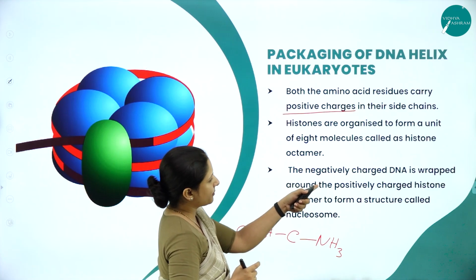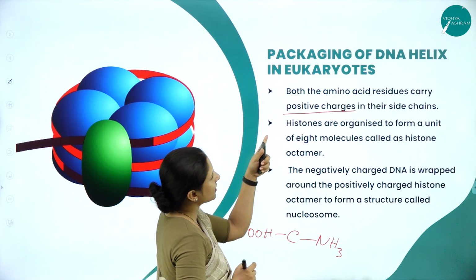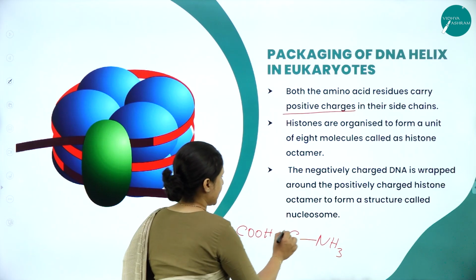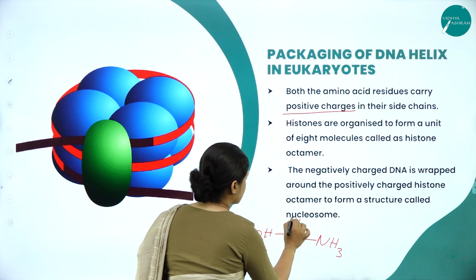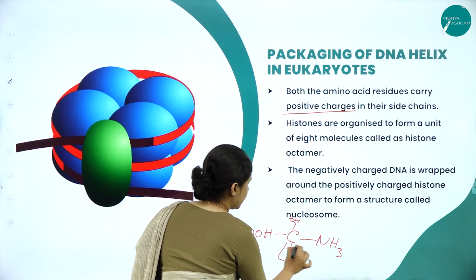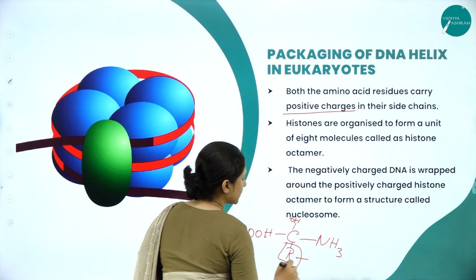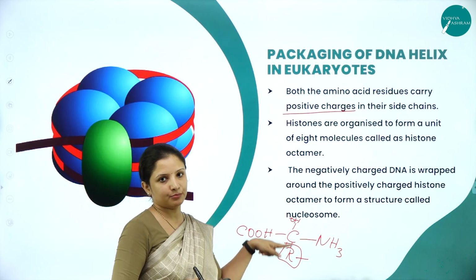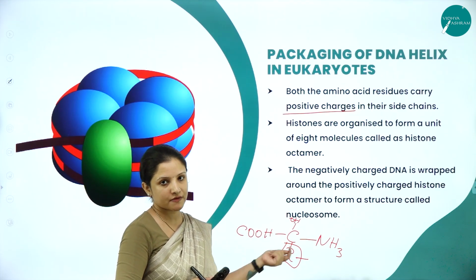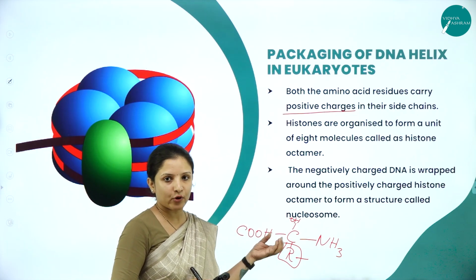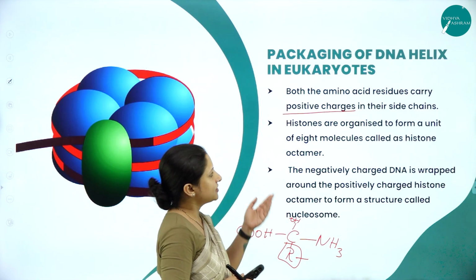And in the side chain, they carry positive charges. They have a hydrogen and they have an R. So here, this R can be arginine or it can be lysine. Both of them carry a positive charge. So therefore, the histone is entirely positively charged.